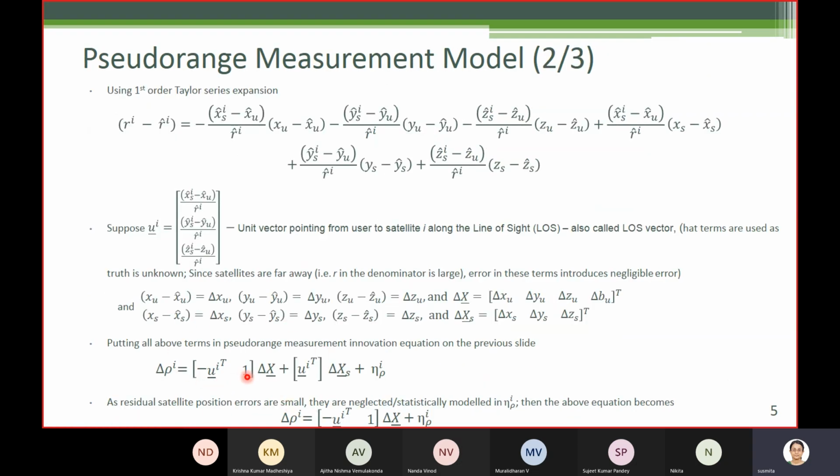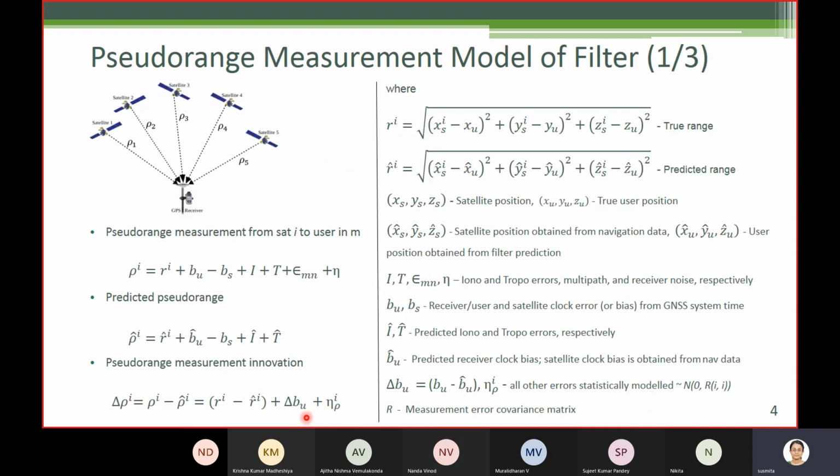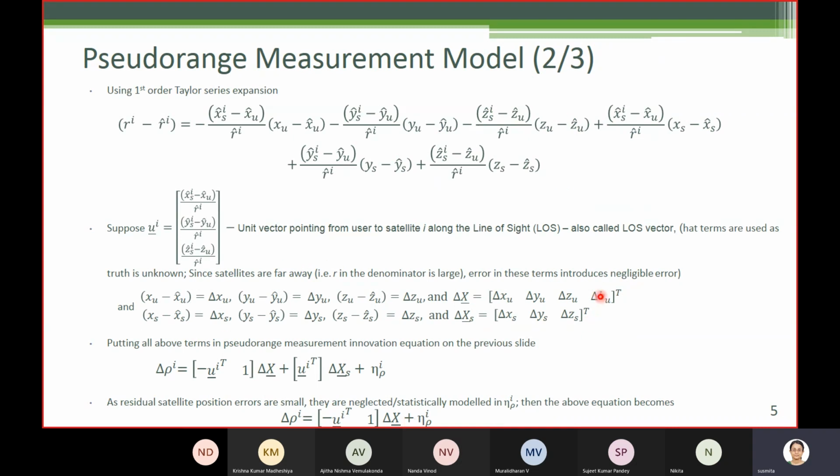So here we put 1 because of delta bu, and then this delta capital X is given by this one: delta xu, delta yu, delta zu, and then delta bu. Because of delta bu, this 1 is coming here.